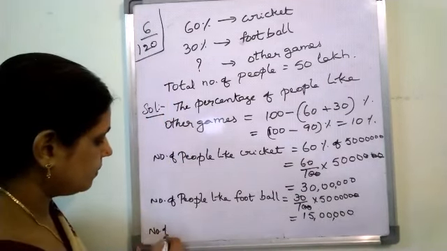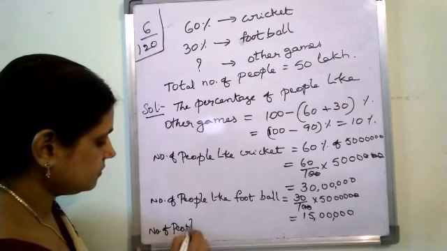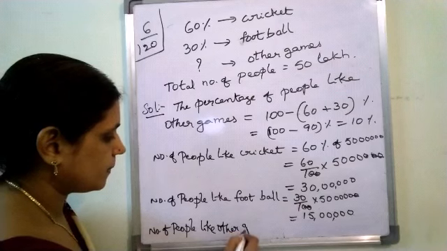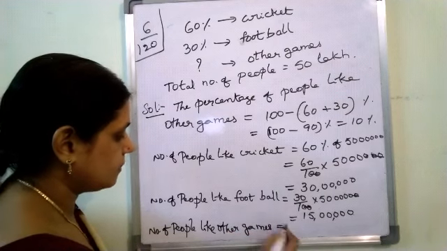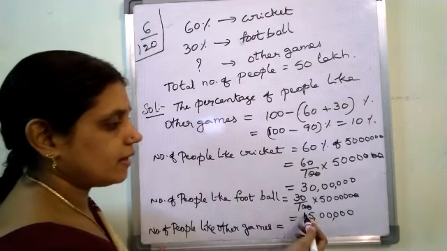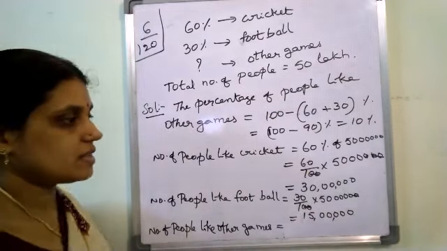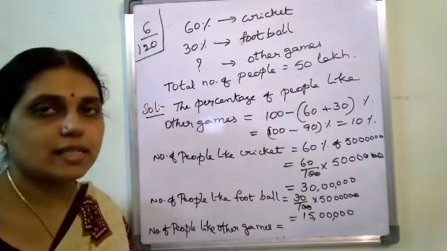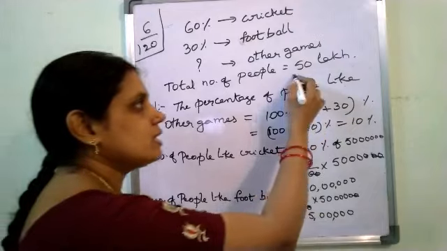Next, the number of people who like other games equals, you can do 10%, 10 by 100 into 50 lakh. Otherwise, just these two you can add. 30 lakh plus 15 lakh, that is 45 lakh. The total is 50 lakh.